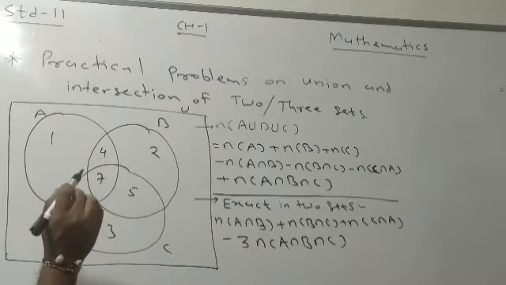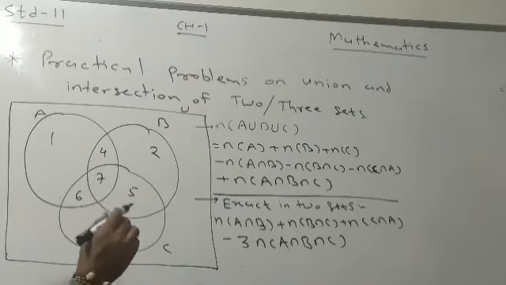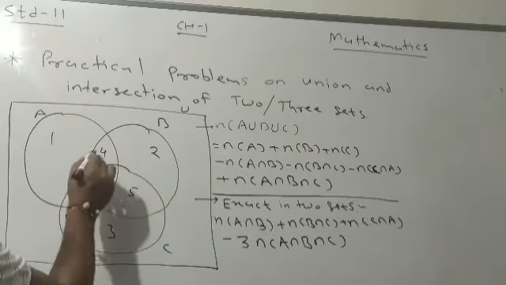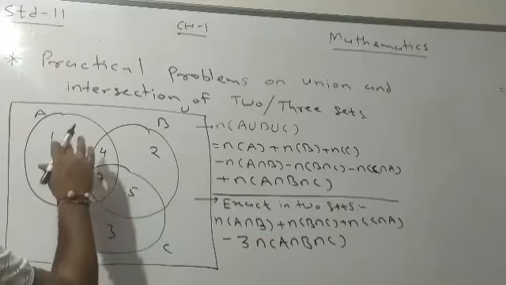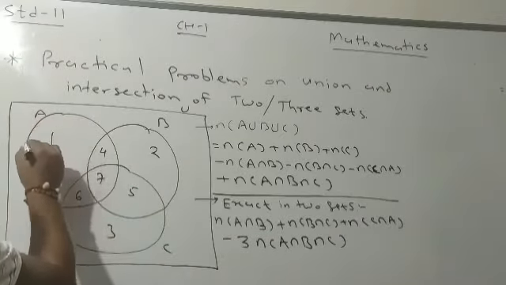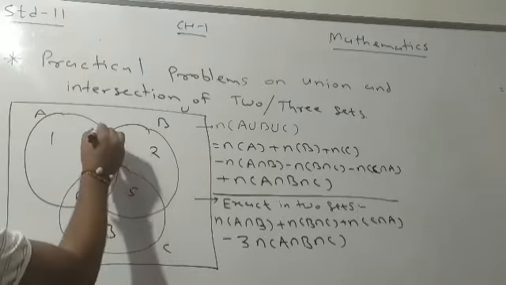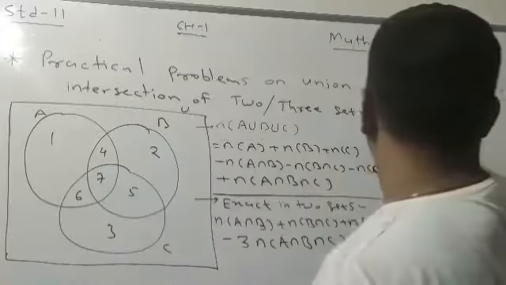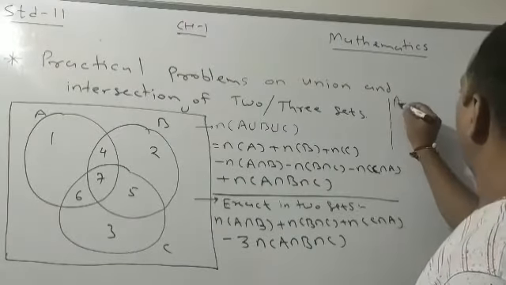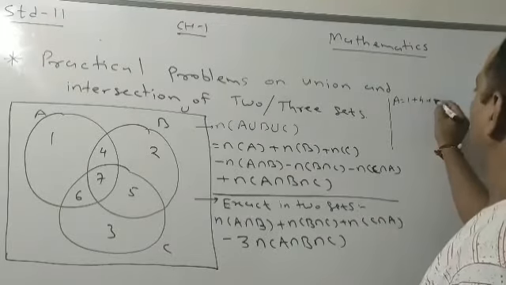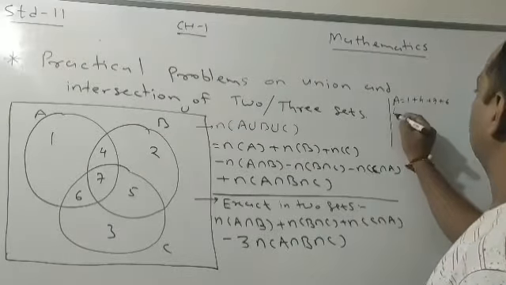when we are talking about A union B union C, it means it contains all parts 1, 2, 3, 4, 5, 6 and 7. It means when we say A, A covers 1 plus 4 plus 7 plus 6.